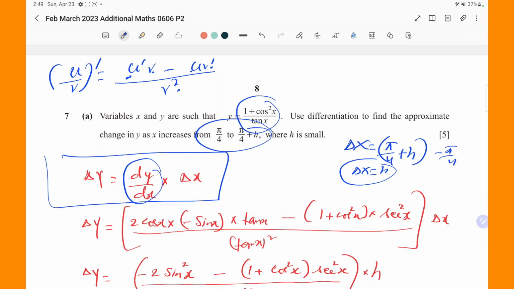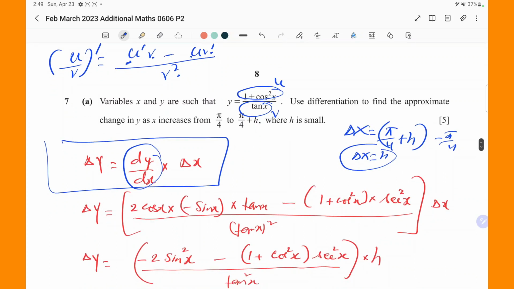So we have to differentiate 1 plus cos square x over tan x. This is my u and this is my v. So for 1 plus cos square, the differentiation of 1 is 0, cos square differentiation is 2 cos x, and cos differentiation is minus sin, and tan as it is.